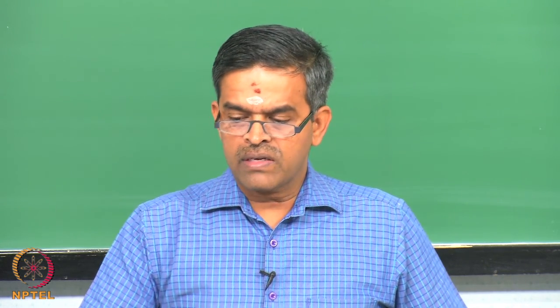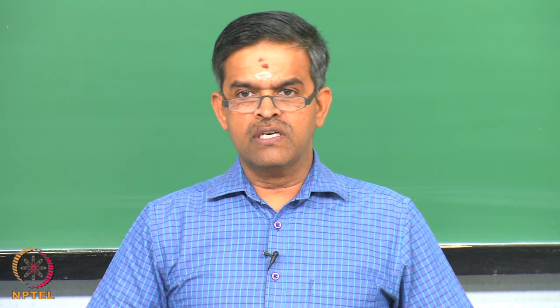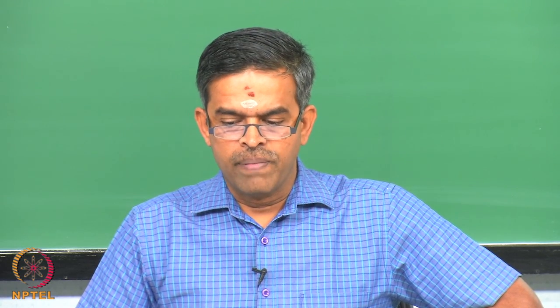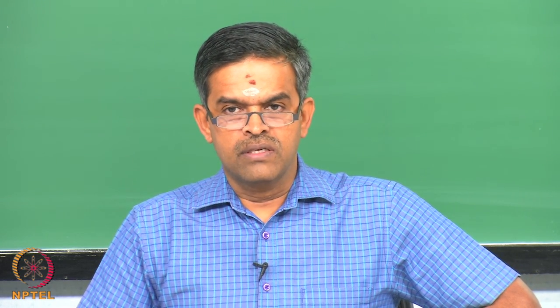So, the partial safety factors account for these kinds of uncertainties of material characteristics at elevated temperatures, which is used and recommended in fire limit state design procedure in Eurocodes.